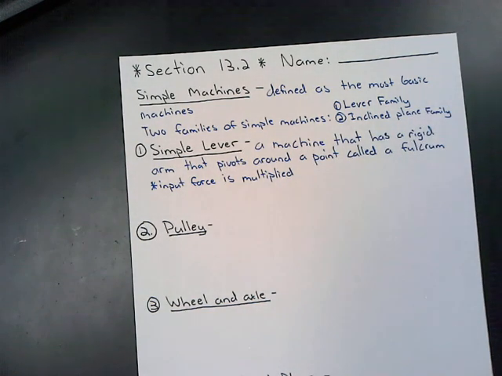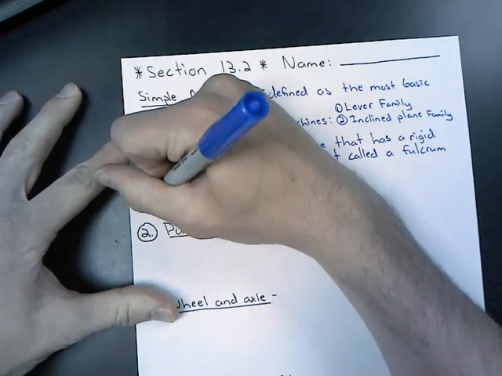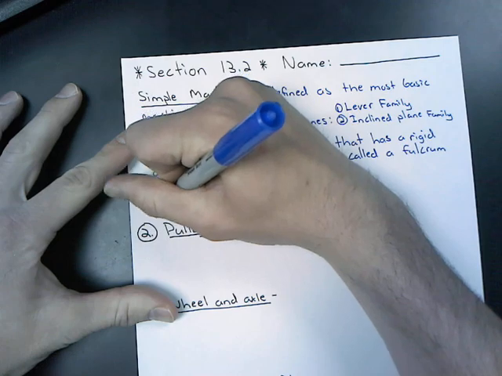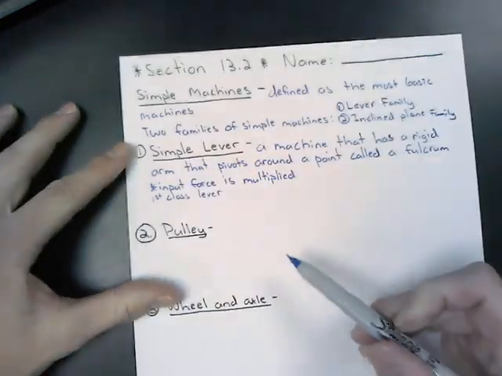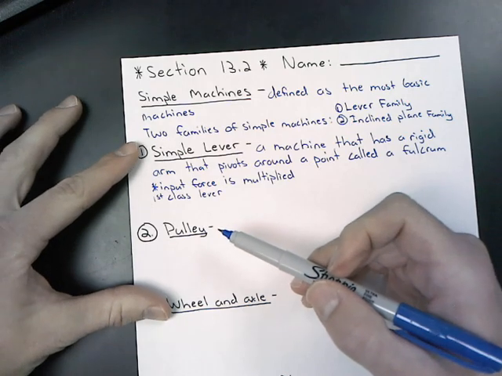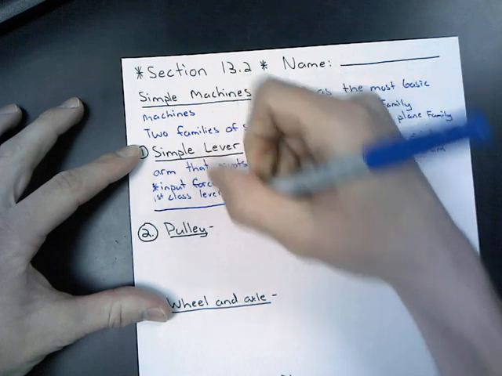Now, within the simple lever family, there are 3 classes of levers. And how I'm going to introduce this is I am just going to draw some pictures. So number one, we have our first class lever. And in a first class lever, what we have here is our rigid arm.